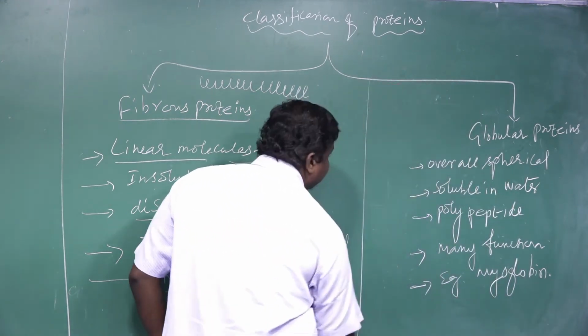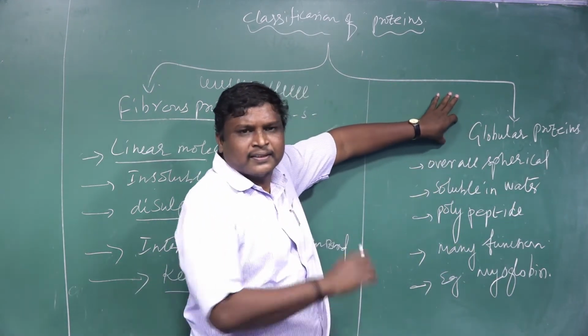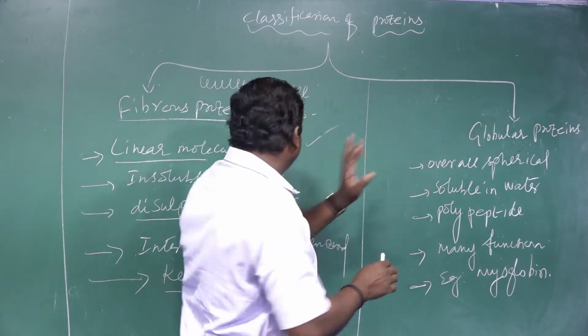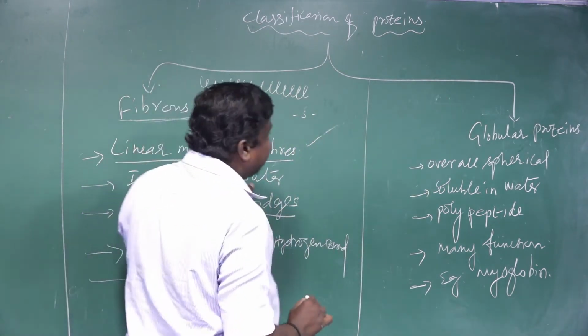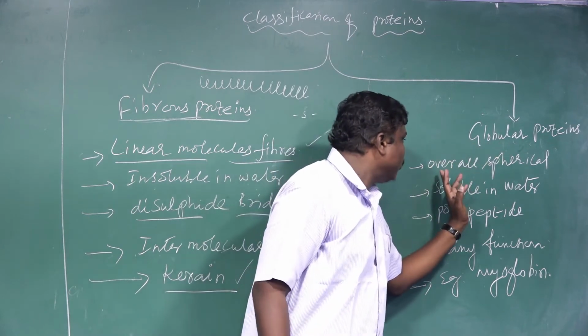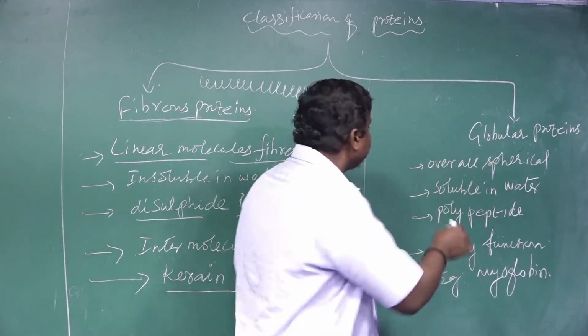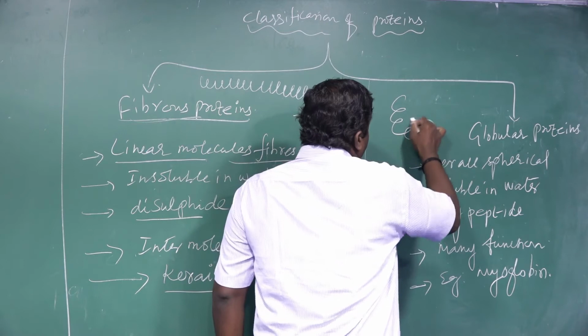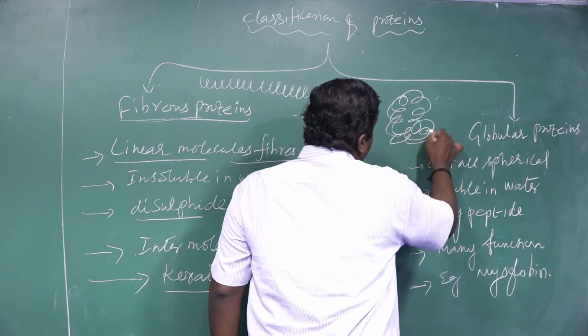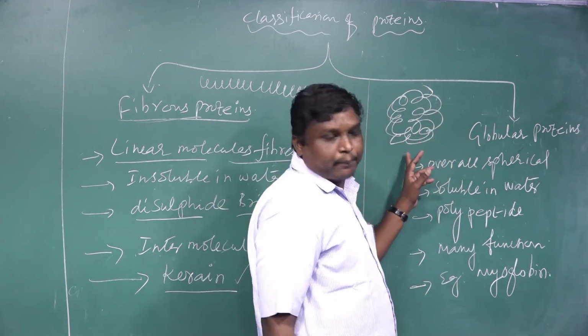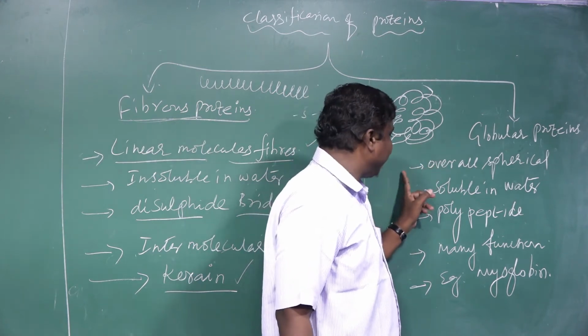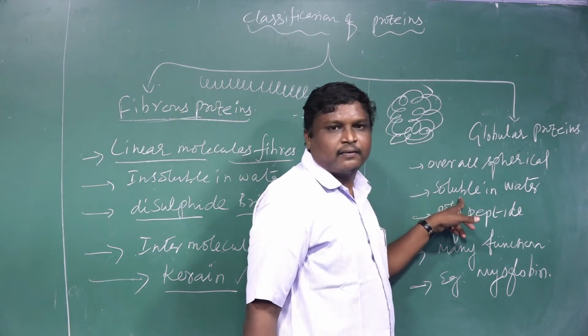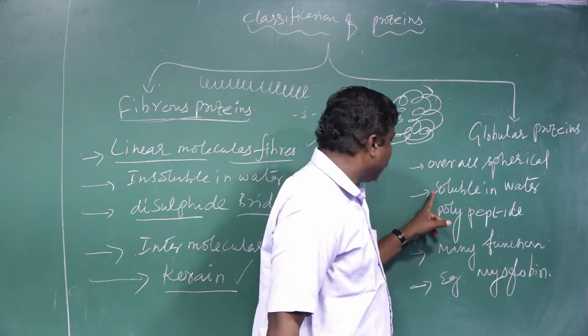The second one is globular protein. Just the reverse: fiber protein is linear, but globular protein has an overall spherical shape. First point, spherical shape. Second, it is soluble in water.